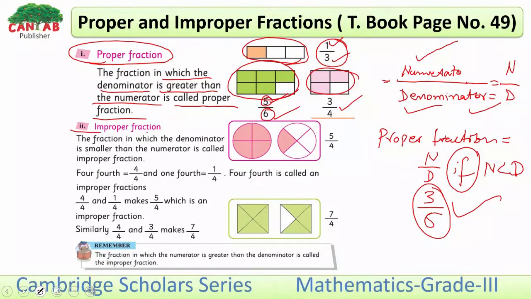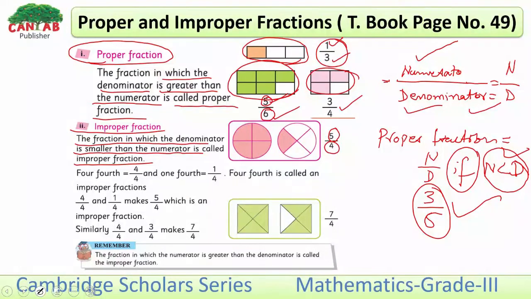Now look at improper fractions. The fraction in which the denominator is smaller than the numerator is called an improper fraction. Or you can say, if you reverse this condition, your fraction is an improper fraction. So your numerator will be greater and denominator will be less.